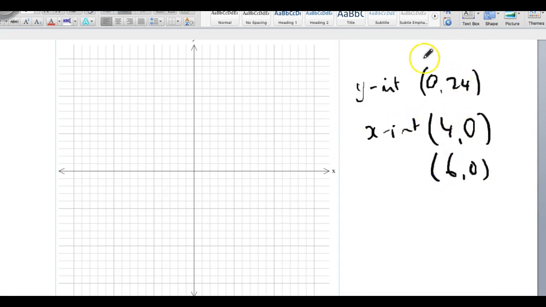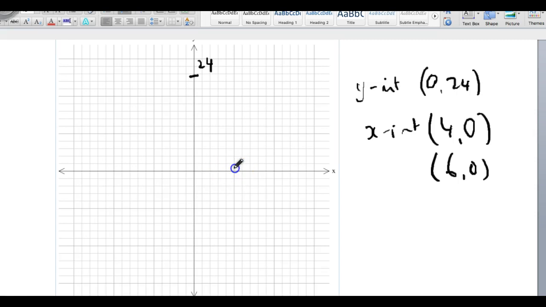Okay, so the problem is we have this very high number here, this 24. It doesn't matter because all we need to do is put that 24 on the scale. So it doesn't really matter where you put that 24. Let's just put it there. And the 4 and the 6, I kind of want to put my 4 and my 6 there, but that's not going to make it very even.